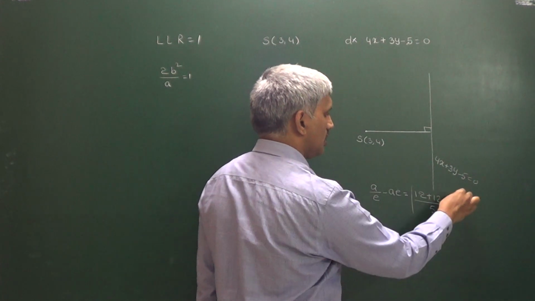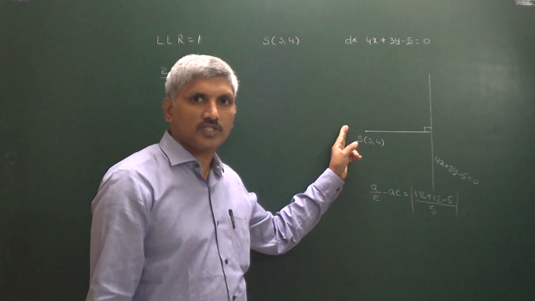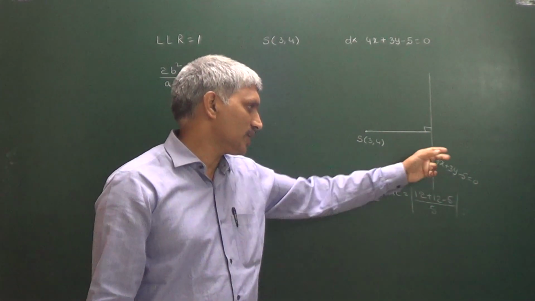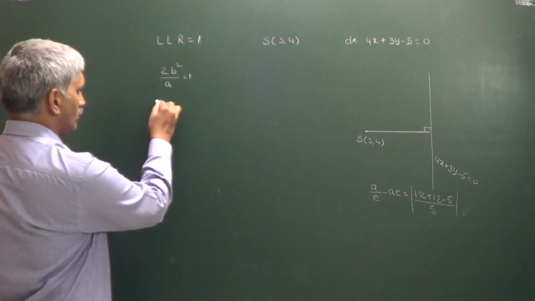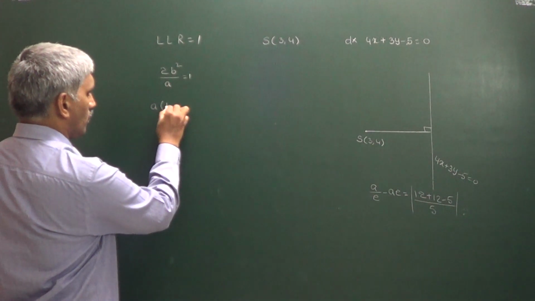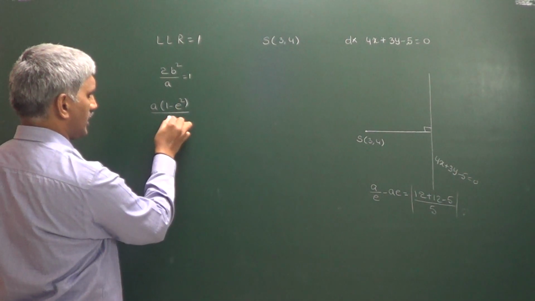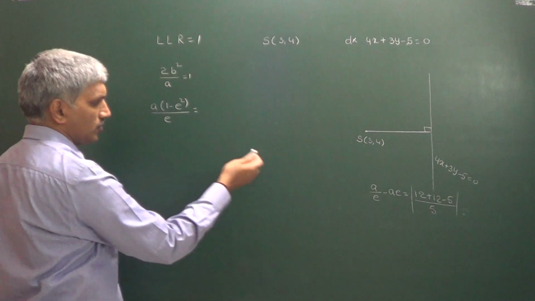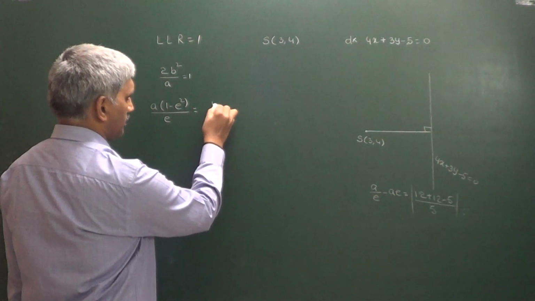So we got the perpendicular distance from the focus onto the directrix. That is a/e - ae, so a(1 - e²)/e is equal to, what is this value? 19/5.